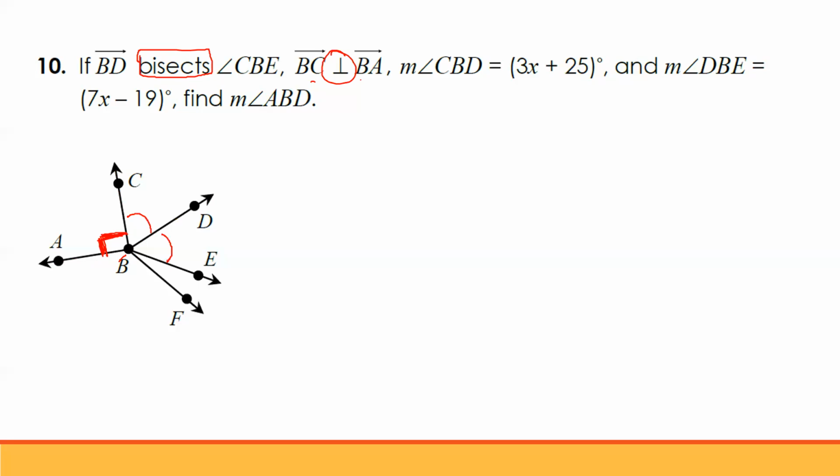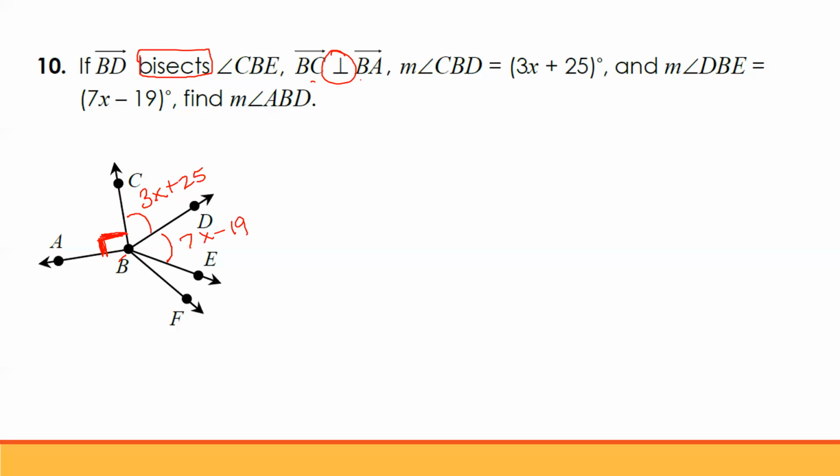The measure of angle CBD, here's C, here's B, here's D. That angle is 3x plus 25. And the measure of DBE, here's D, here's B, here's E, okay, is 7x minus 19, there we go.